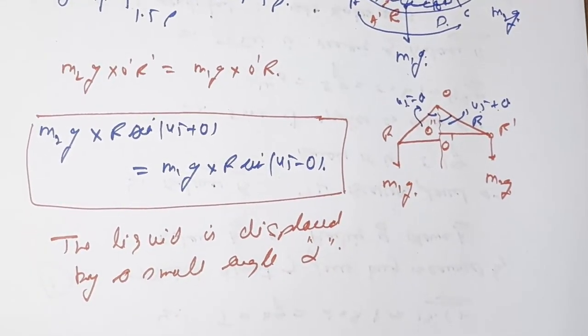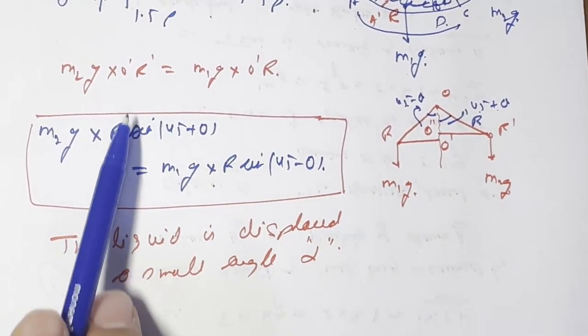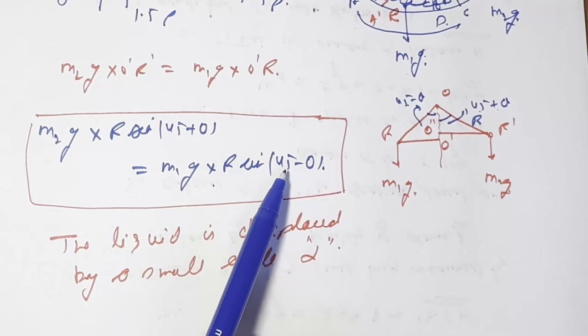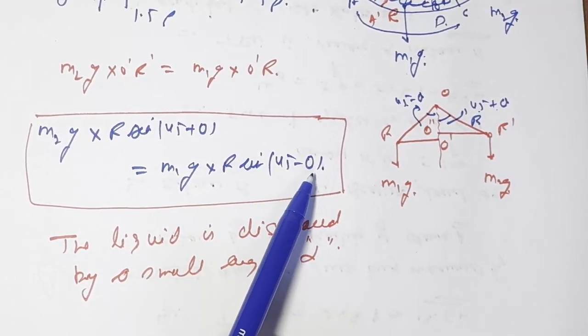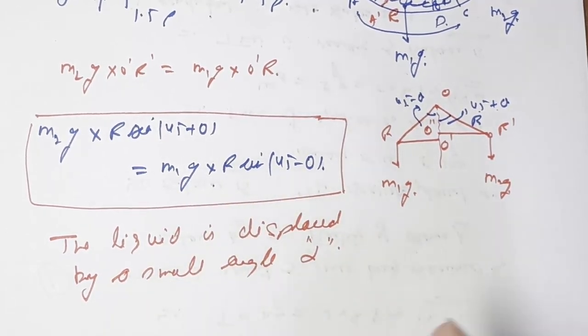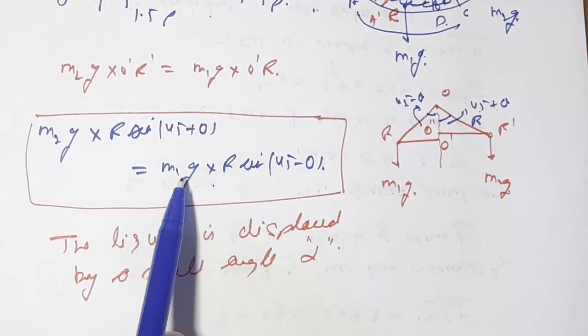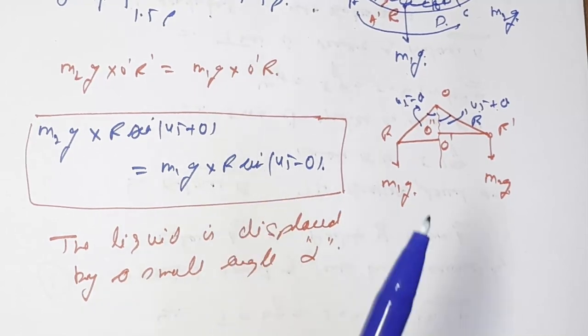Now if it is displaced by a small angle alpha, then this angle becomes 45 plus theta plus alpha, and this angle becomes 45 minus theta minus alpha. There will be an addition of alpha for m2g, whereas for m1g there will be a subtraction of alpha.